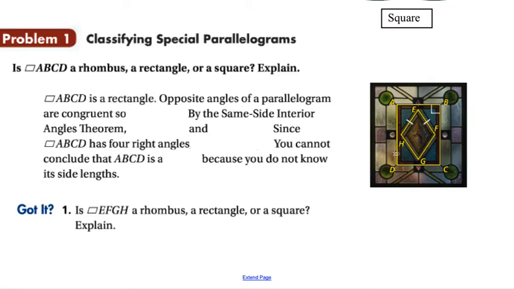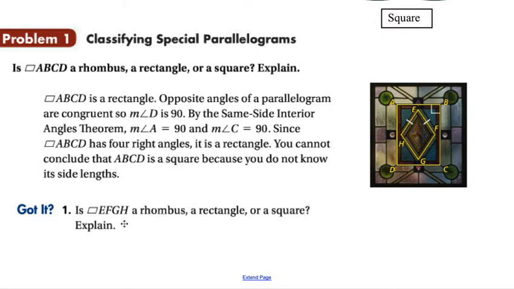Opposite angles of parallelograms are congruent, so that gives us angle B and angle D being equal to 90 degrees. But then we also know in parallelograms that the consecutive angles are supplementary, so that means angle A and angle C are also 90. So since we have four right angles, ABCD is a rectangle. We cannot say that it's a square because we don't know anything about the side lengths.